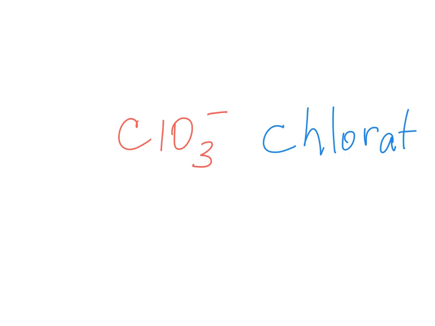So the trick is, let's talk about ClO3 -. That's called chlorate, and this is one of the six that you should have memorized. If somebody asks, what is ClO2 -? The rule is easy. Look at how many oxygens you have here: 3, and here you have 2.